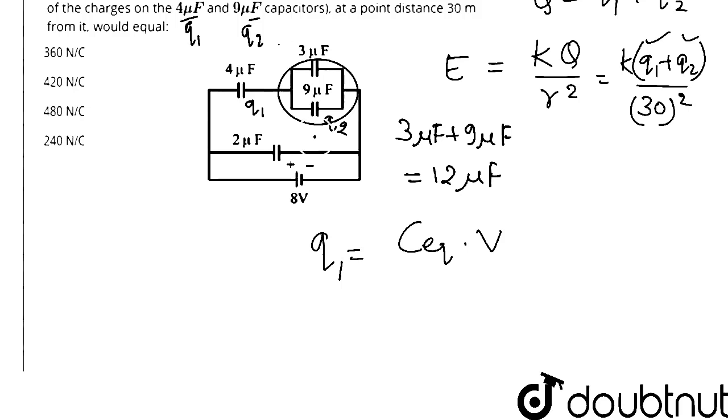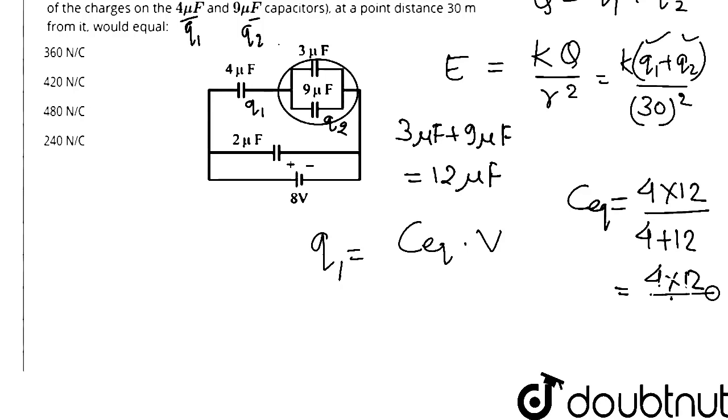This 12 microfarad is connected in series with 4 microfarad, so C equivalent is 4 into 12 divided by 4 plus 12, which is 4 into 12 divided by 16, that is 3 microfarad.